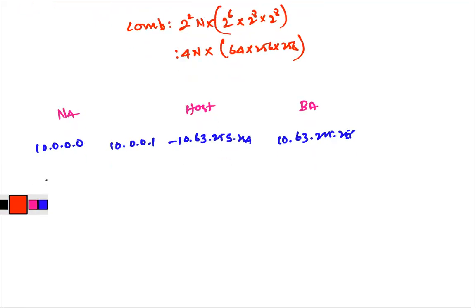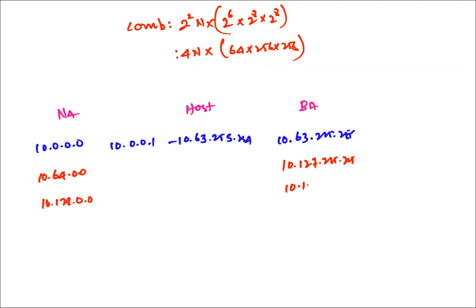Okay. Yes. So next thing is we're going to have the next network, 10.64.0.0. We finished with 63 here, no? 64.0.0. Next is 10.127.255.255. Next is 10.128.0.0.